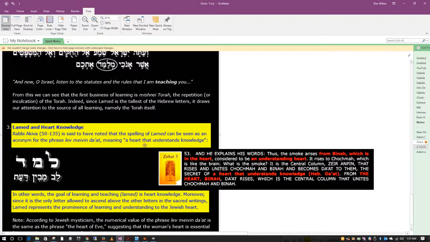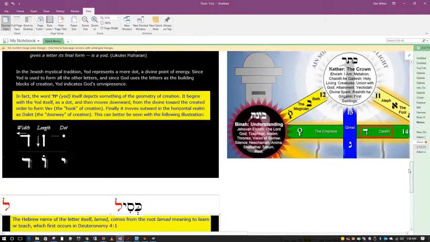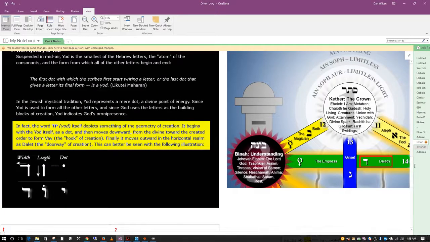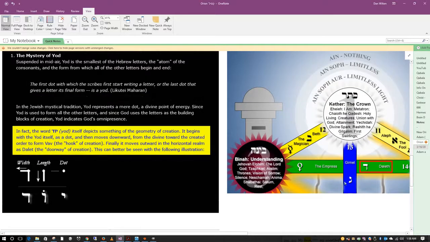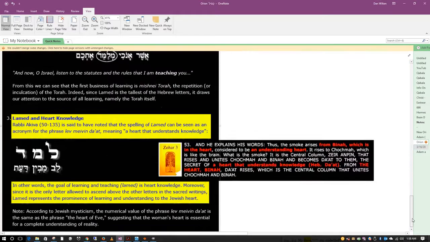I remembered this phrase, a heart that understands knowledge, so let me read what it says in the Zohar here. It says, he explains in his words, thus the smoke arises from Bina, which is in the heart. Now Bina is right here on the left side there. Wisdom's on the right side.